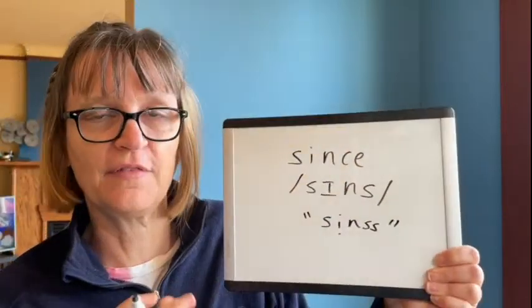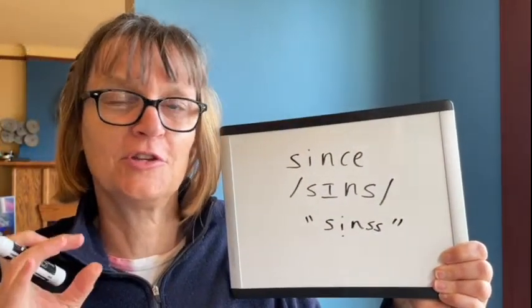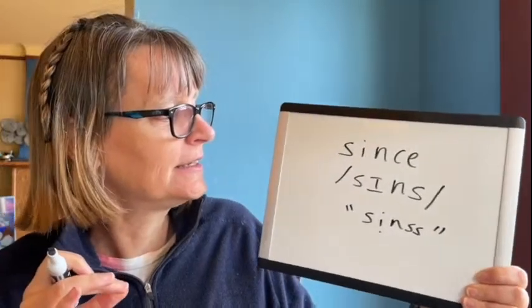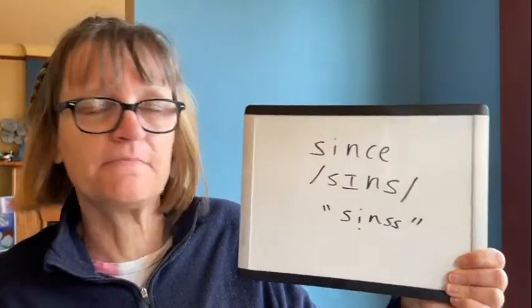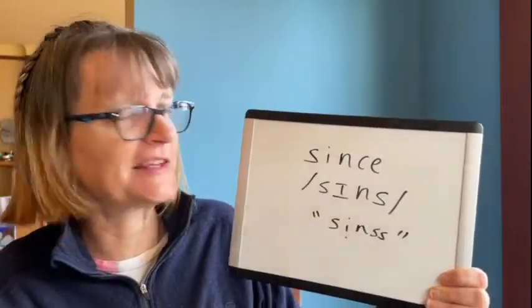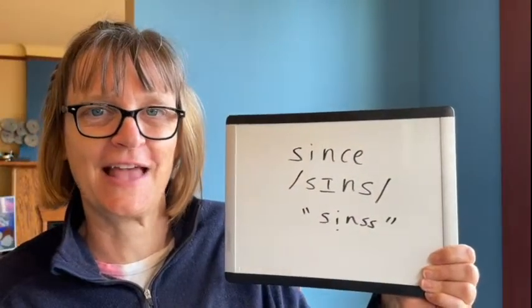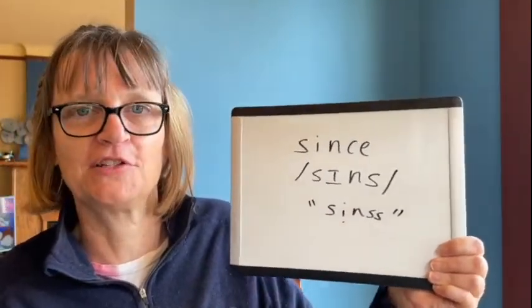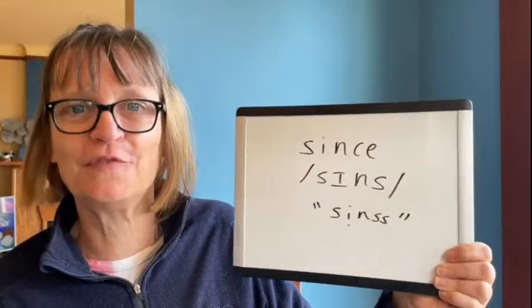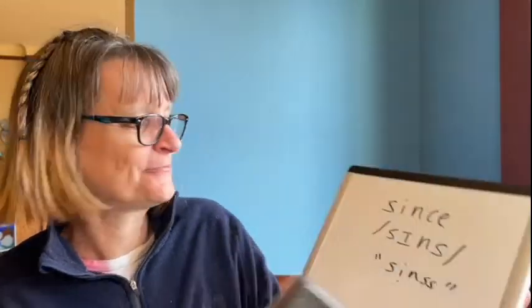Keep your I vowel nice and relaxed so it doesn't become an E like since. And yeah, fairly straightforward, but the spelling doesn't always give us a clue about the S sounds. The I vowel can be challenging for people. Hopefully that answered your question about since. Thank you for that question.